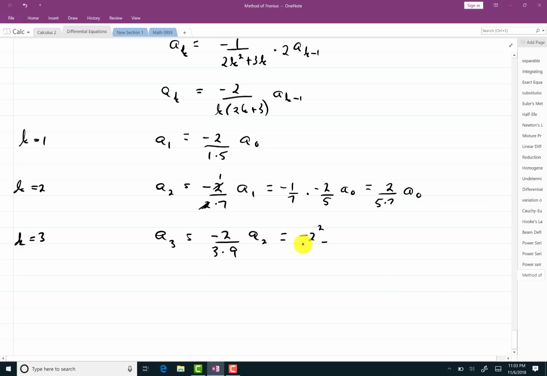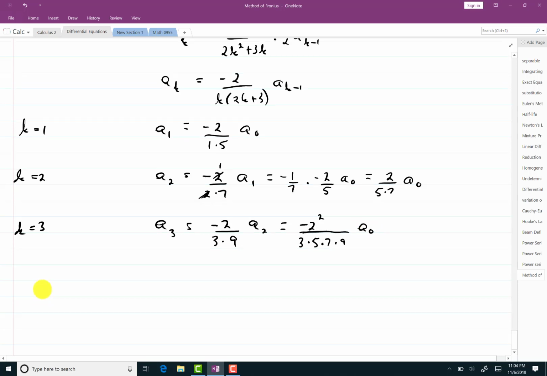Not telling if this is actually going to be useful or not. Don't think, like I said, don't think you have to do what I'm doing. You can simply multiply this out. Don't worry about trying to find any patterns or whatnot. Now for the denominator, I have 3, 9, and 5 and 7. So I got 3 times 5 times 7 times 9, a sub 0.